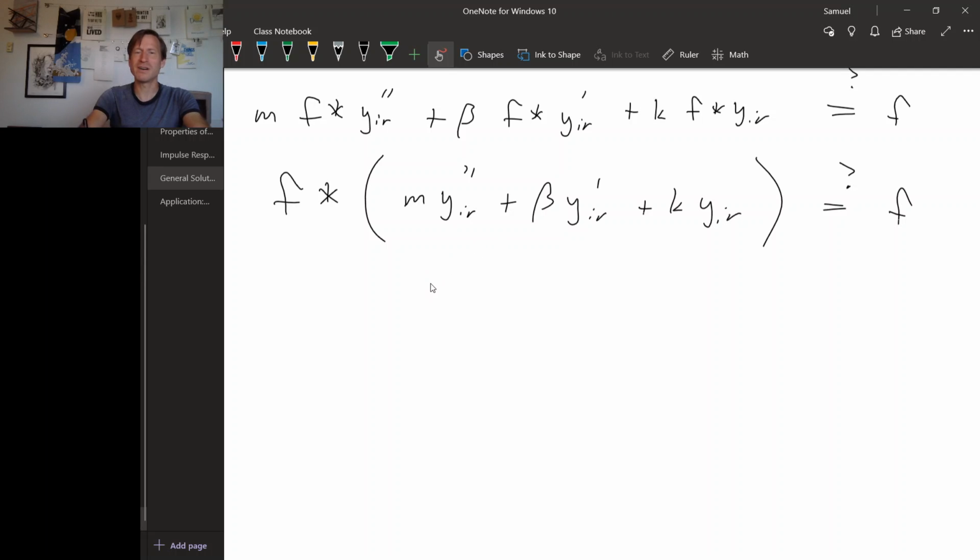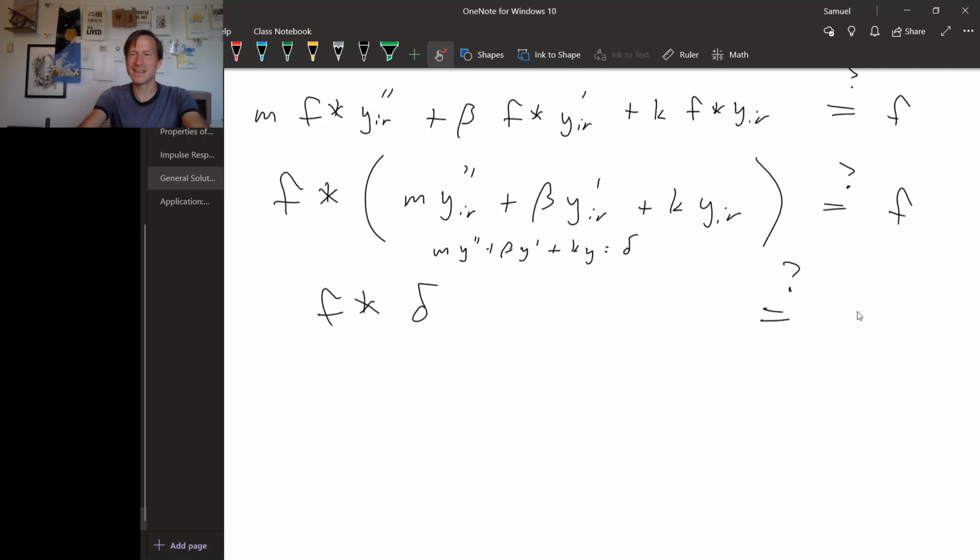The impulse response, by definition, is the solution to the equation my double prime plus beta y prime plus ky equals delta. Inside the parentheses, we have the left-hand side of this differential equation, so the stuff in parentheses is just equal to delta.